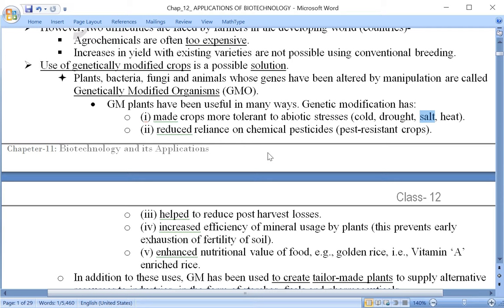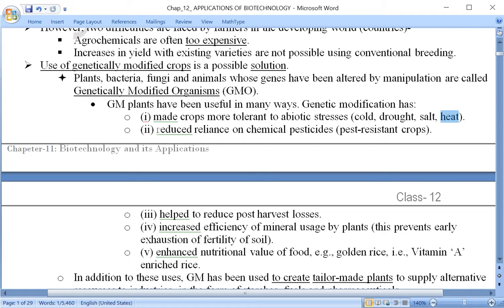In that soil, plants are not able to grow well, and so productivity is decreased. And the last one is the heat, that is the temperature here. Because of more heat, some plants, or all plants, are not able to grow at higher temperature.